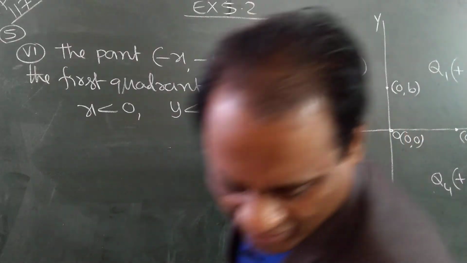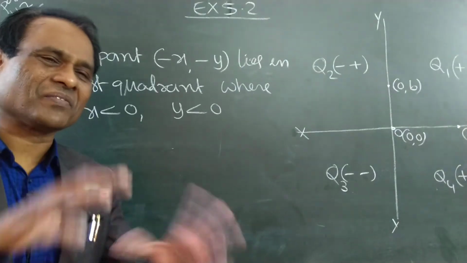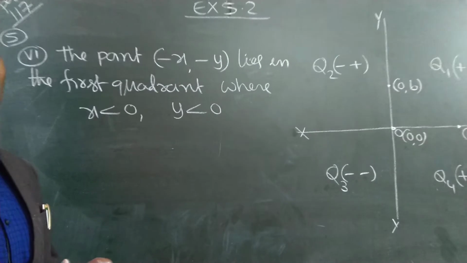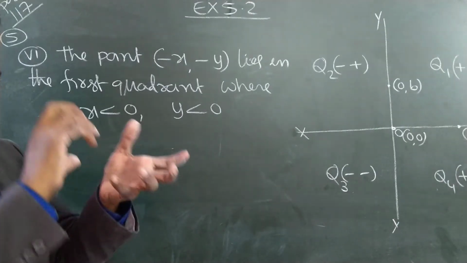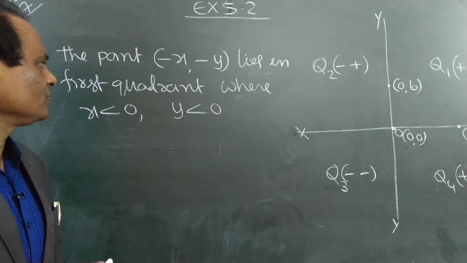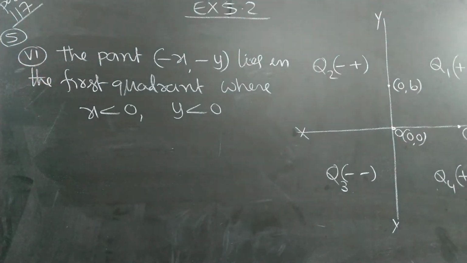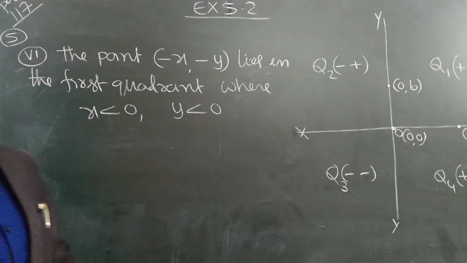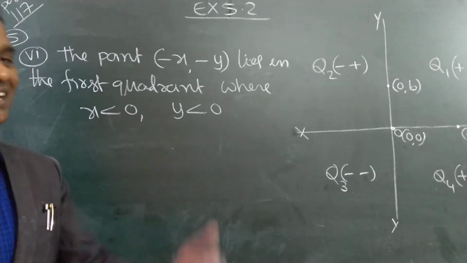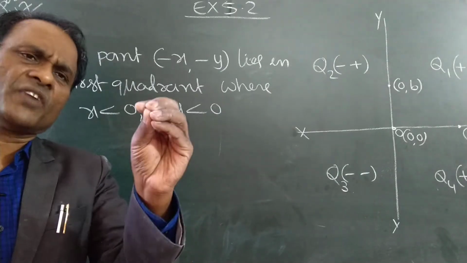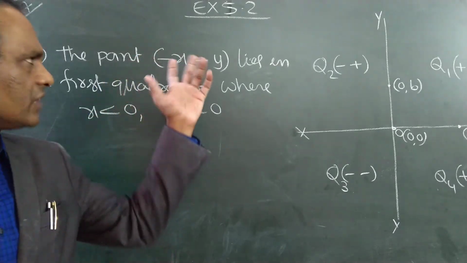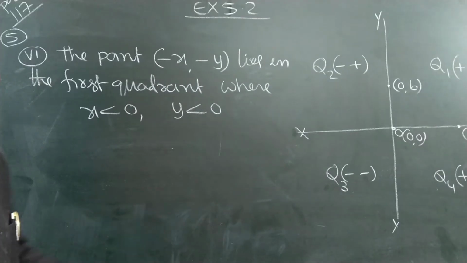This is somewhat confusing. There is some confusion with the minus and plus, so directly you can't tell. Be careful. See here, first I will give one numerical example, then you will understand. Don't write anything; the numerical example is only for explaining.